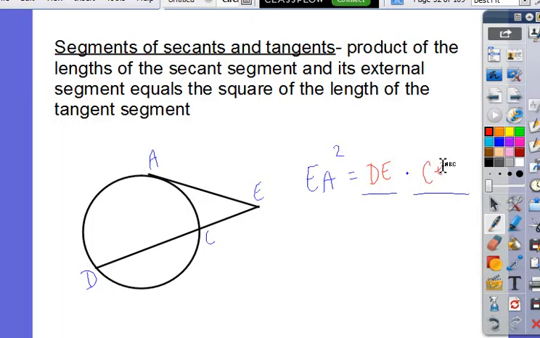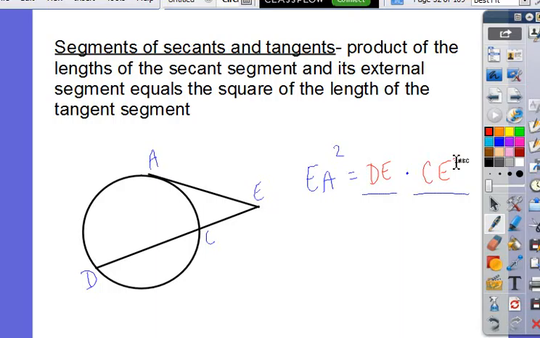And then what do you do with the tangent? You square it. So that's where the EA squared comes from. You take whatever that number is and square it. And then you're going to do the whole thing times the outside.